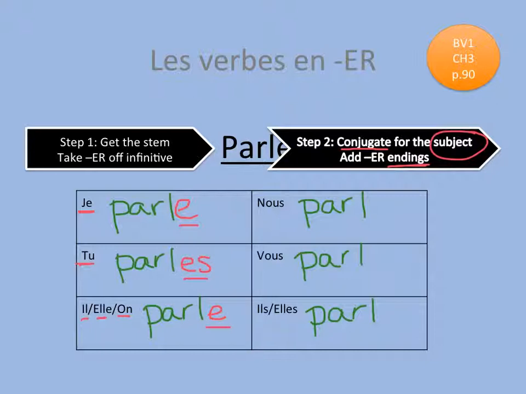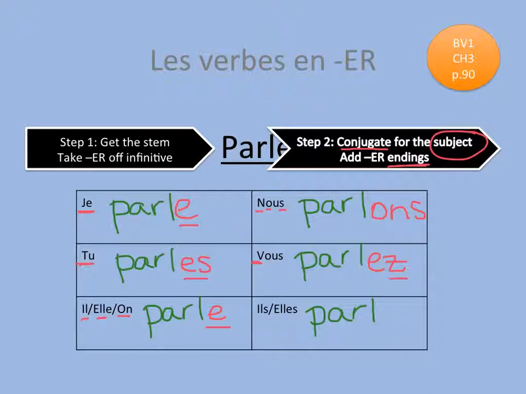Ending for nous is ONS, and that's easy to remember because we have ONS right in the subject, ONS for nous. Vous parlez, EZ. So EZ, think of Z being at the end of the alphabet as well as V being at the end of the alphabet. EZ is the ending for vous.